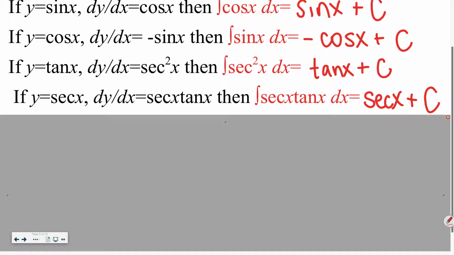Take a moment and talk about the other rules that we haven't revealed yet.